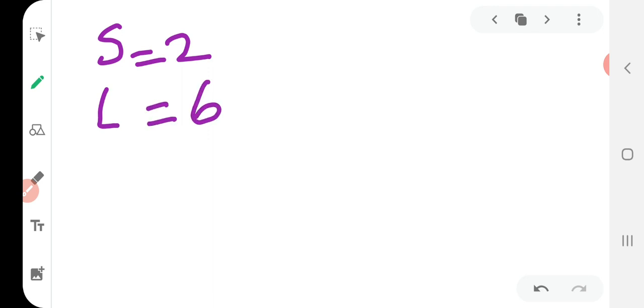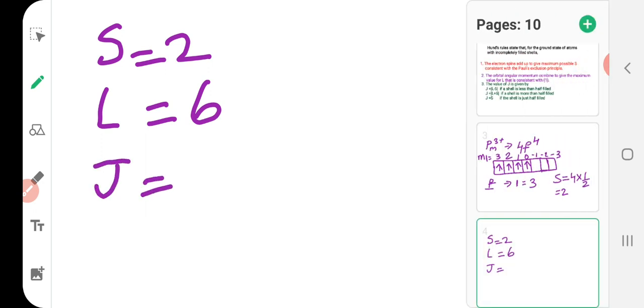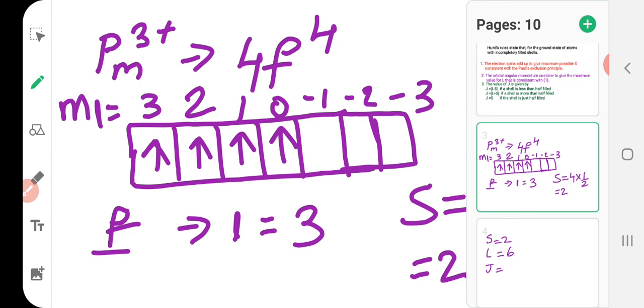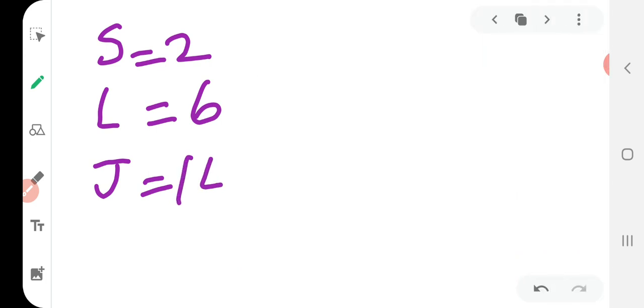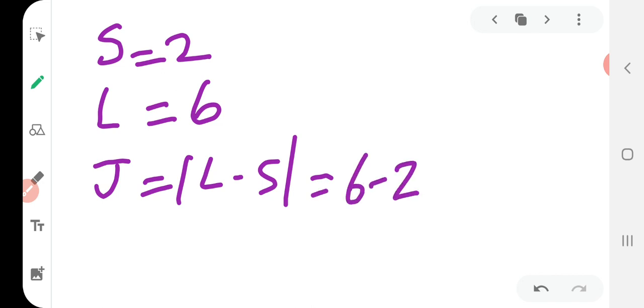So what is J? Look at these subshells. This is less than half filled because it has only 4 electrons, so it is less than 7. So it satisfies the condition of less than half filled. So J is equal to the modulus of L minus S, that is 6 minus 2, which is equal to 4.